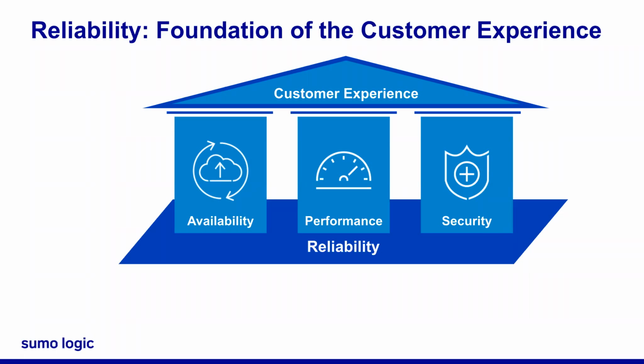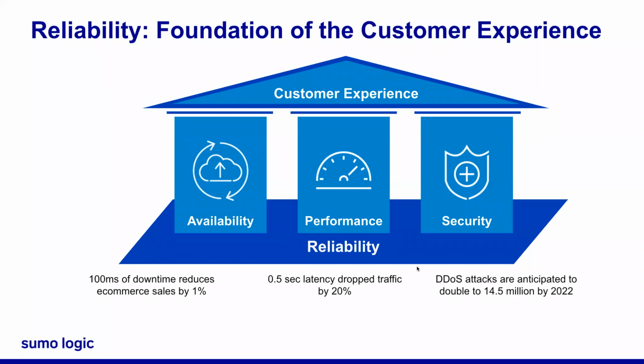With reliability, we have a couple of little stats here that should pop up. There we go. So for example, why is availability important? Well, you need the system to be up and running. It's been proven that 100 microseconds of downtime can reduce e-commerce sales by 1% for a well-known content delivery network service provider.